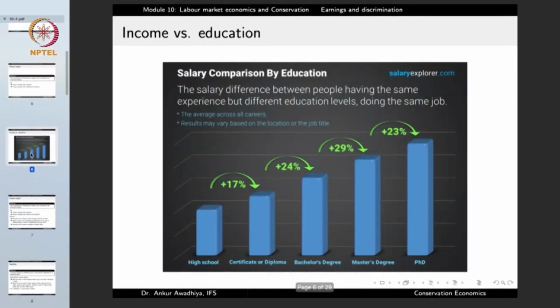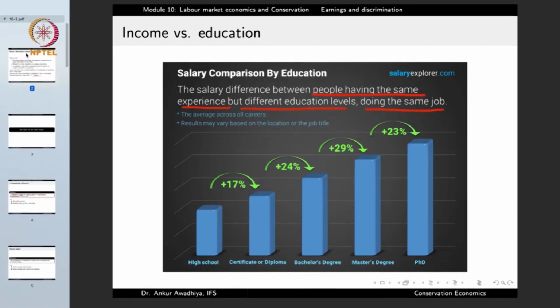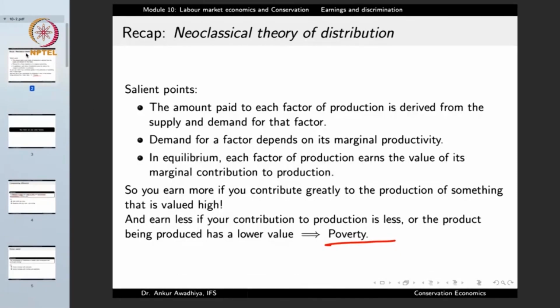So, what we are observing here is that if we talk about people having the same experience but different education levels doing the same job. Now, if you remember, when we were talking about the neoclassical theory of distribution, we were saying that at equilibrium, each factor of production earns the value of its marginal contribution to the production process.